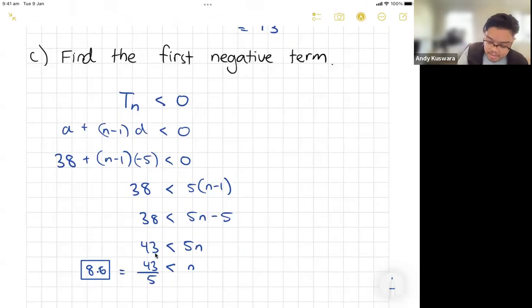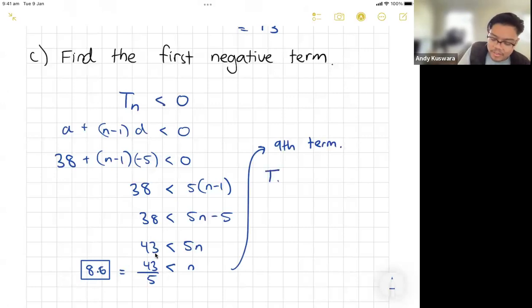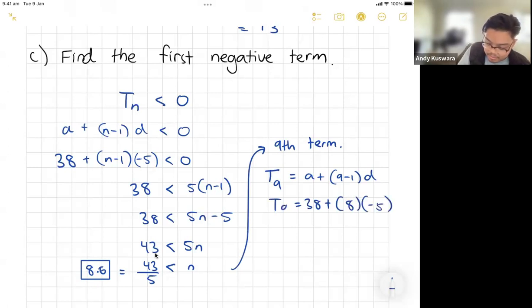In this case, that means that at the 8th term I haven't gone negative, but at the 9th term I will. So how do I find the 9th term? T9. Again I use that formula, A plus, in this case, 9 minus 1 times D. My first term was 38, and then 8 times minus 5, because that's my common difference.